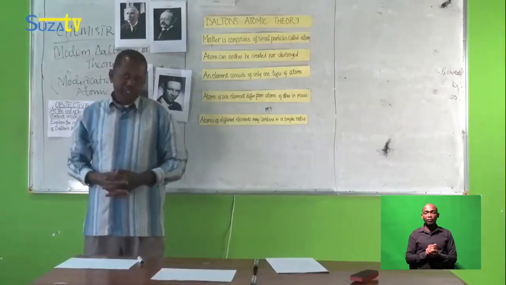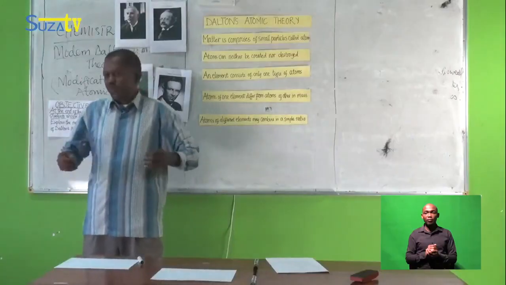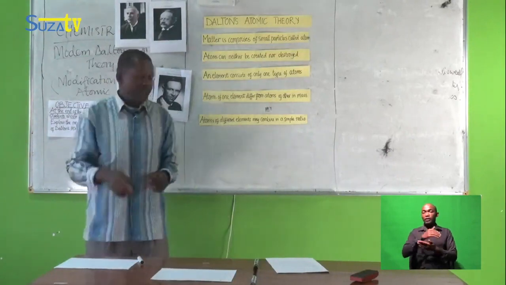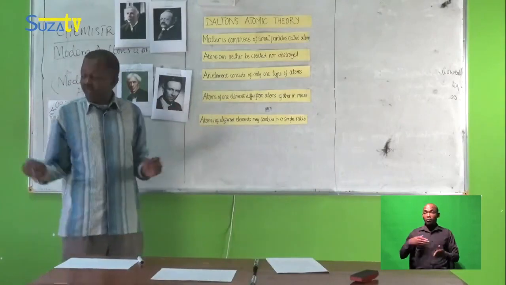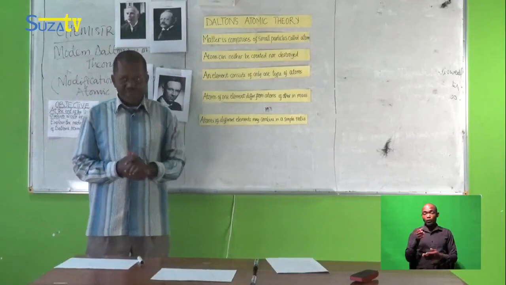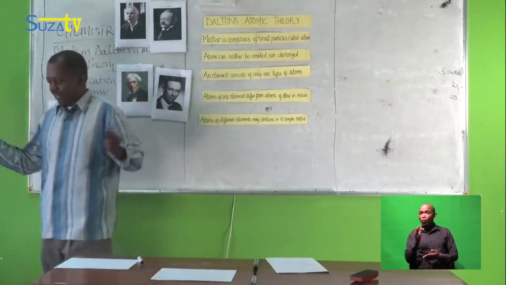I've got some modifications, but I just want to read them. Then you are going to tell me which postulate each modification may be related to. I will take them randomly.